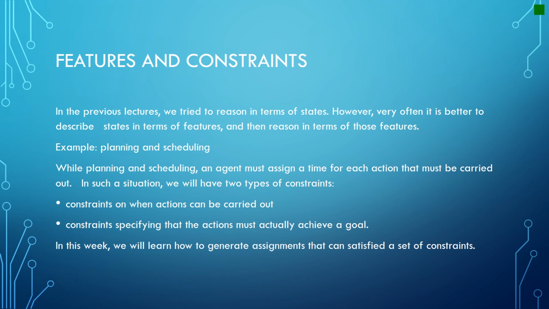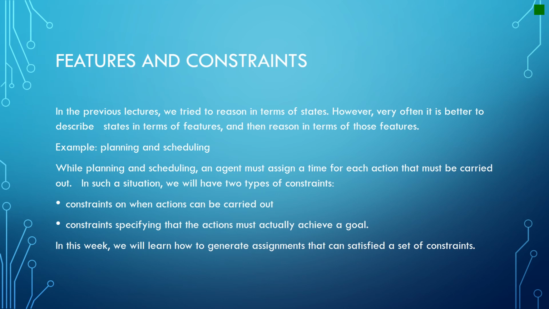While planning and scheduling, the agent must assign a time for each action that must be carried out. In such a situation, we will have two types of constraints: constraints on when actions can be carried out, and constraints specifying that the actions must actually achieve a goal.